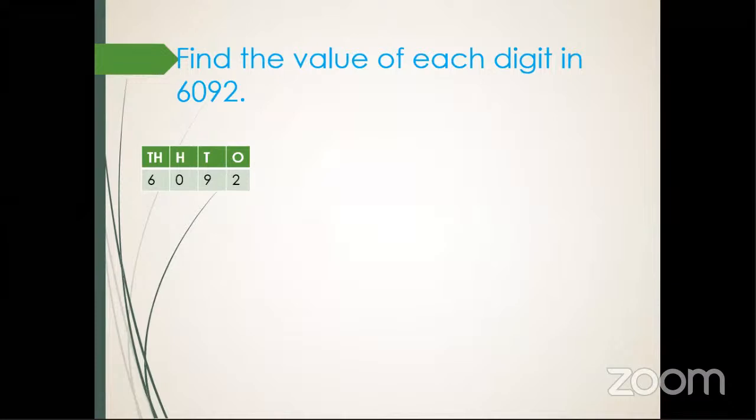Then we go to the next number. How can we get the value of 9? Who can give us the value of 9? Manuela's hand is already up. Manuela, tell us.